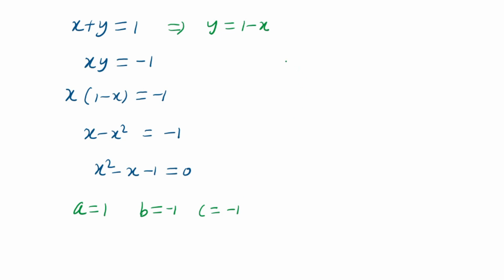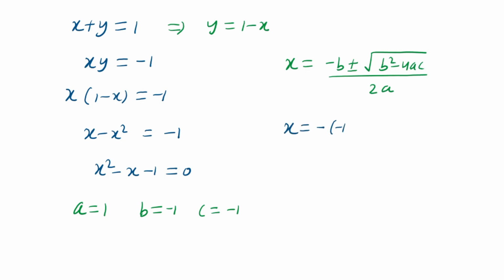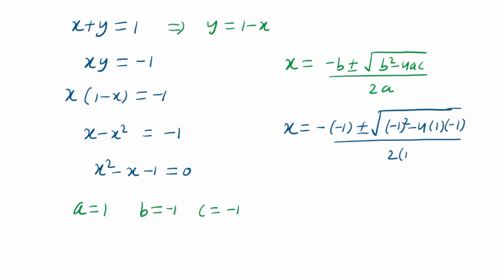Now we know the quadratic formula: x equals minus b plus minus square root of b square minus 4ac, divided by twice of a. Then x equals minus the value of b, which is minus 1, plus minus square root of minus 1 square minus 4 times the value of a, which is 1, and the value of c, which is minus 1, divided by twice of a, which is 1.